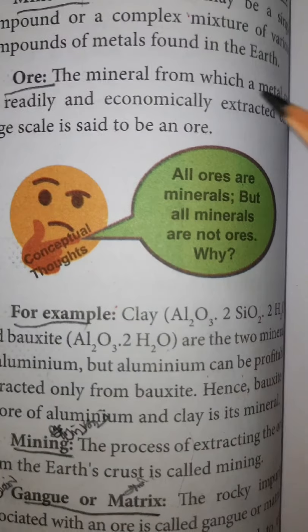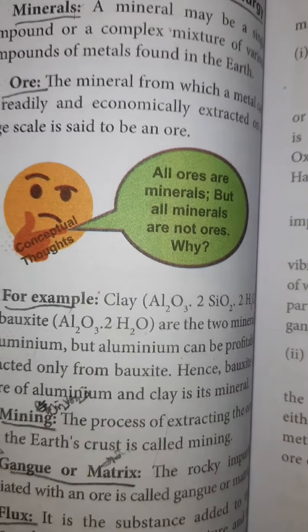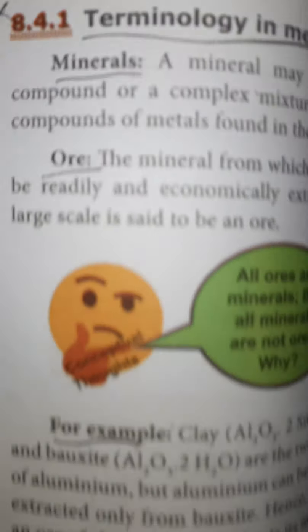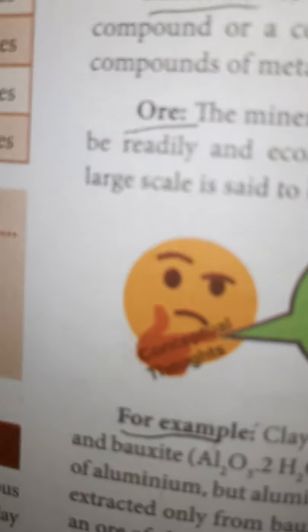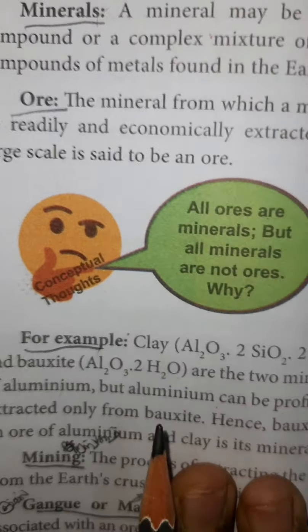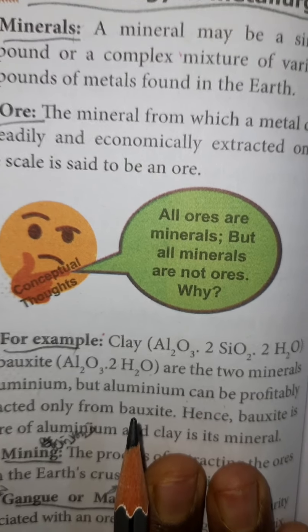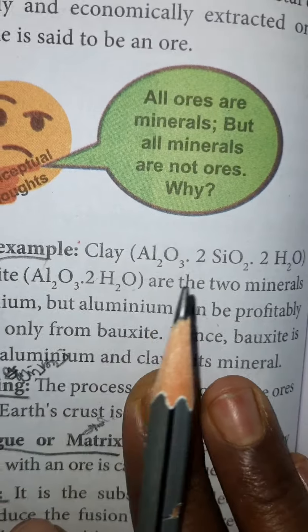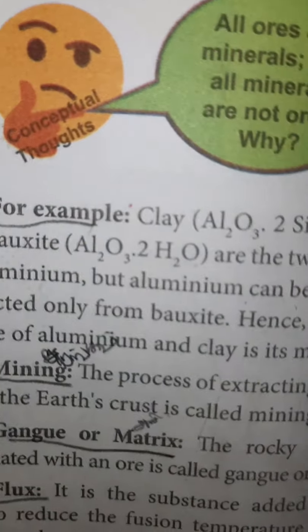Then only terminology in metallurgy. First one, minerals. Minerals may be a single compound, for example H2O. Minerals are complex mixtures of various compounds of metal found in the earth. Then only ore, thodukal. A mineral from which the metal can be readily and economically extracted on a large scale is said to be an ore.